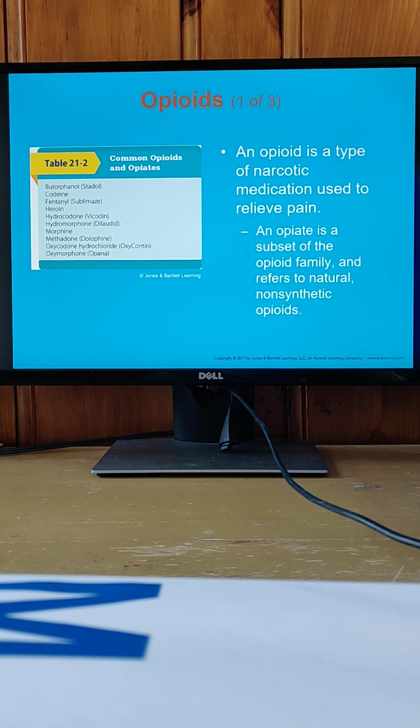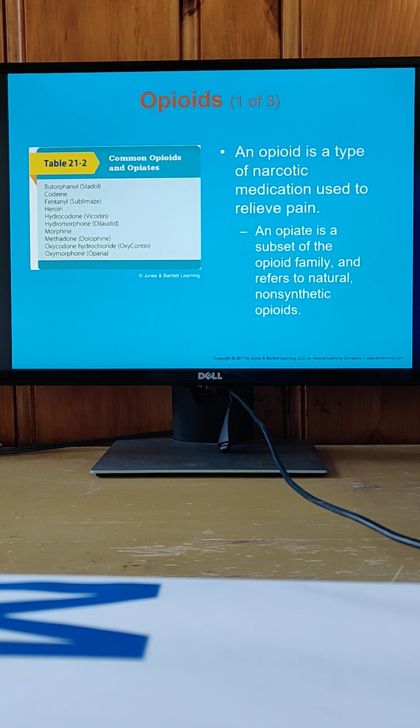Opioids. Okay? Opioids are a type of narcotic medication which is used to deal with pain. Examples of opioids are codeine, heroin, morphine, fentanyl, oxycodone, hydrocodone.